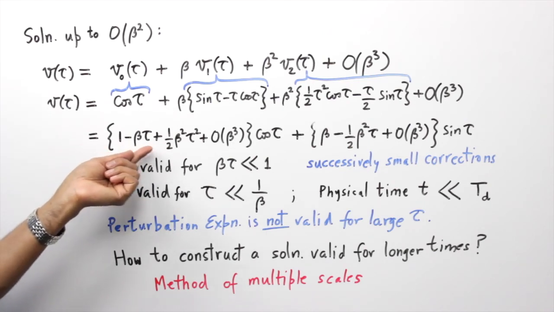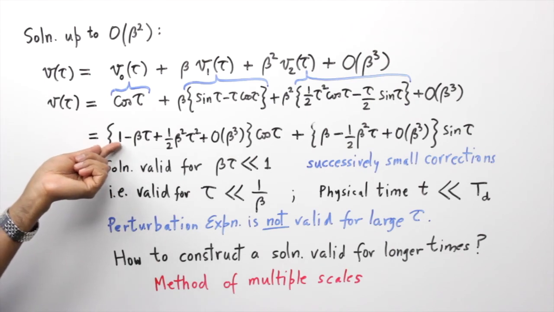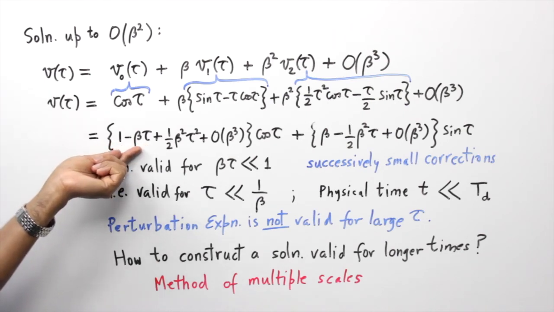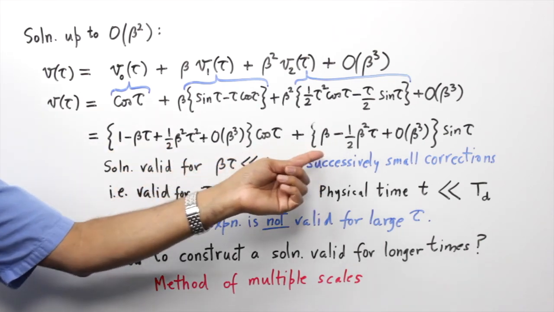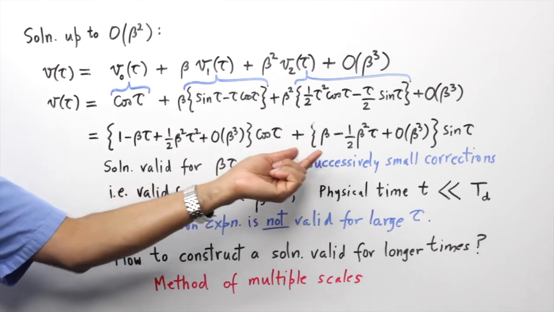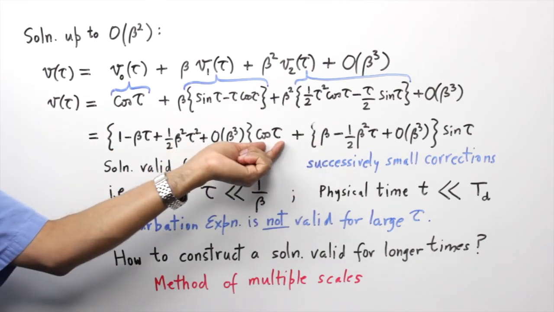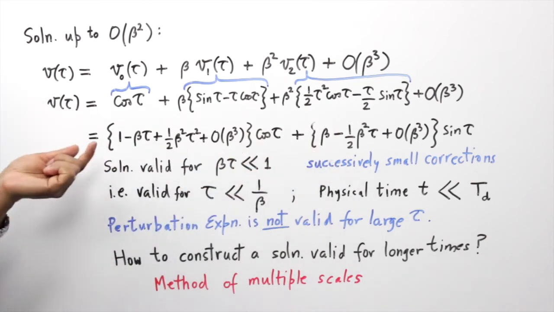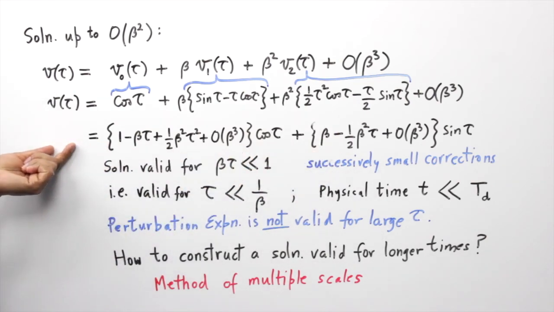This term is larger than that term, and so relative to 1, it decreases at a rate which is given by beta. And there is a smaller correction which is also at a sine of tau, which means that the phase of the oscillation is shifted a little bit relative to a pure cosine because of the presence of the sine term. So that's an interpretation in terms of a successive correction.